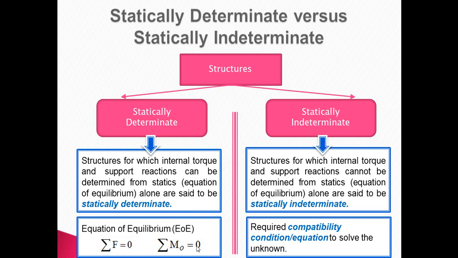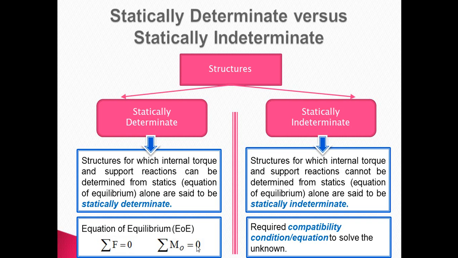Now, let's see what is the difference between statically determinate and indeterminate structures. A statically determinate structure is defined as a structure for which internal torque and support reaction can be determined from statics, or using the equations of equilibrium.